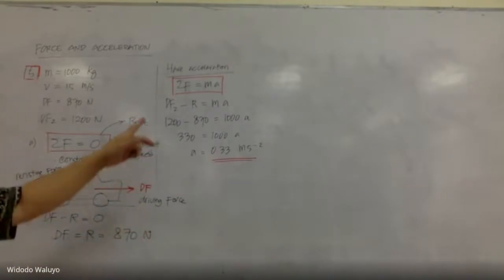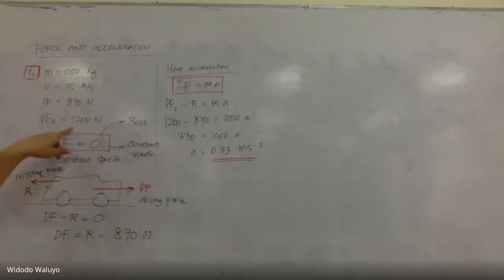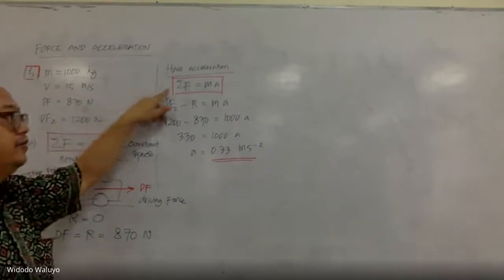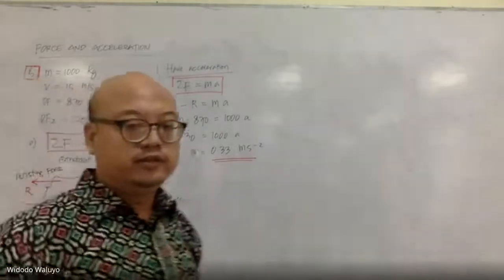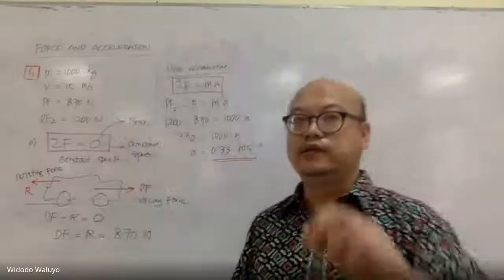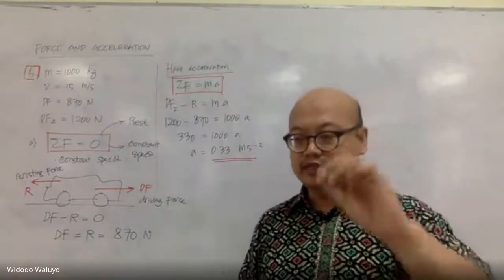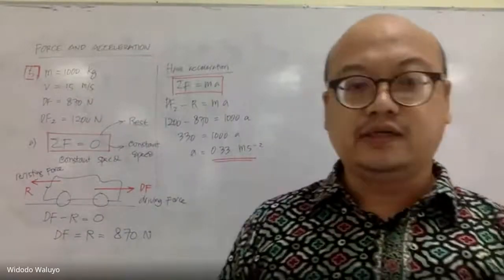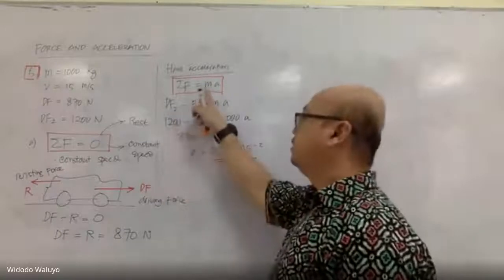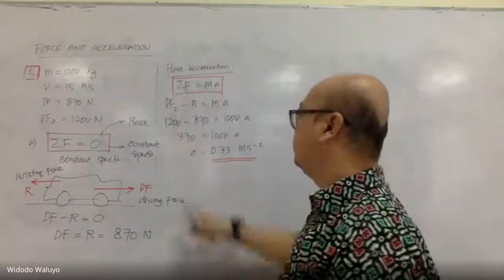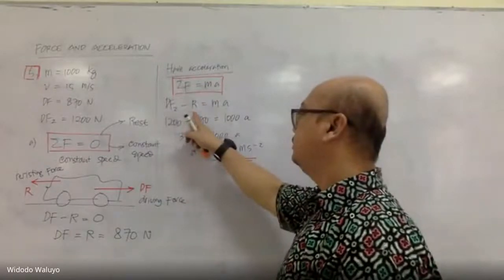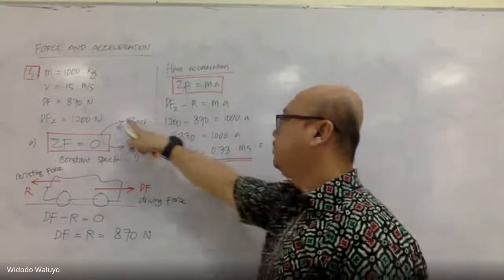And how about the acceleration when the driving force is 1,200 Newton? We will use the formula of Newton's second law. If the car or object has constant acceleration, total force equals ma. Then driving force minus resisting force equals ma.